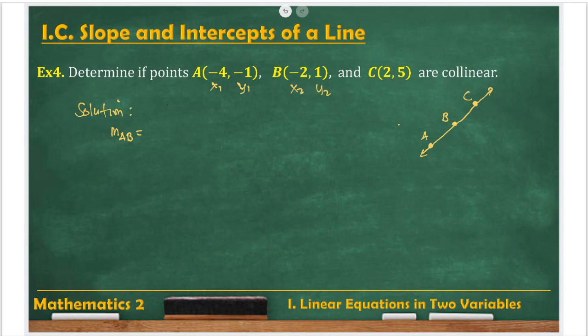By the slope formula, we have M sub AB is equal to y sub 2, which is 1, minus y sub 1, which is negative 1, all over x sub 2, which is negative 2, minus x sub 1, which is negative 4. Or we have 1 minus a negative 1, which is 1 plus 1, all over negative 2 minus negative 4, so that's plus 4.